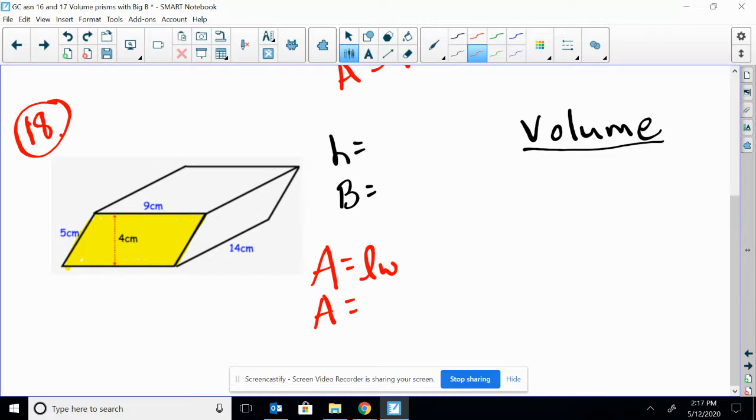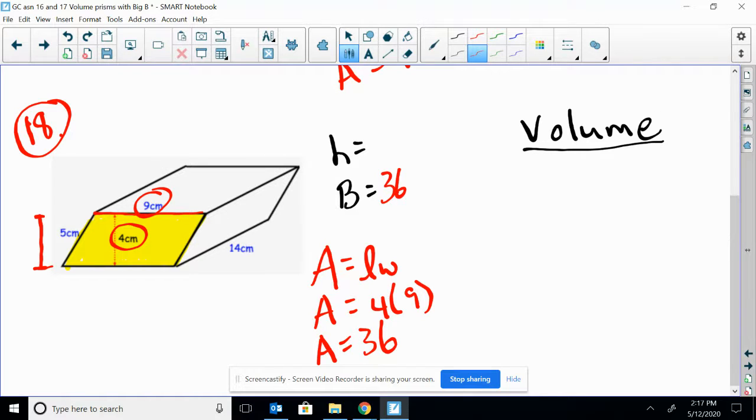And we know our height here is the distance from bottom to the top, so our height is 4, and then our length is 4, and width is 9. So 4 times 9. So our big B base is 36 centimeters squared.